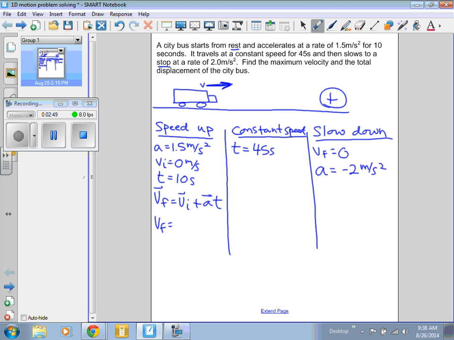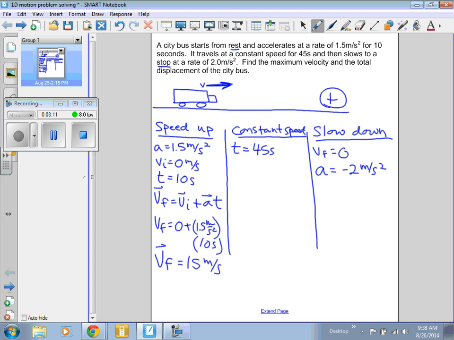So v final is equal to v initial, which is 0, plus acceleration, which is 1.5 meters per second squared, times time, which is 10 seconds. So we know that our final velocity is equal to 15 meters per second.